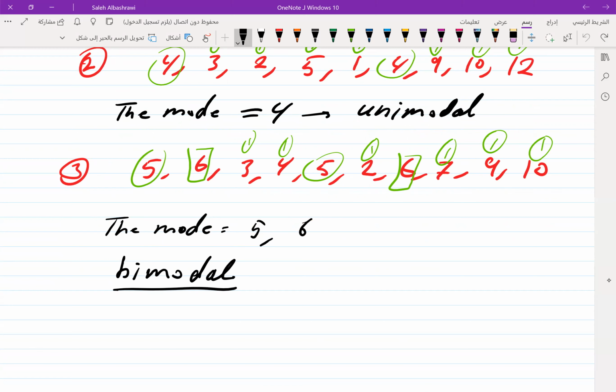So this is the idea for the central tendency. We have the mean, the average, we have the median, and we have the mode. Mean will state the average value for the data.